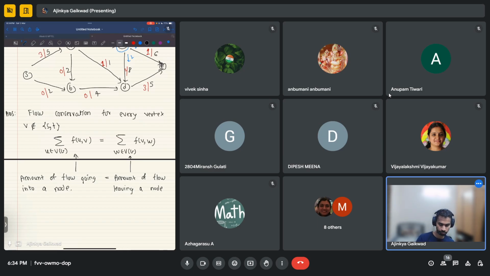So this is the flow conservation property.